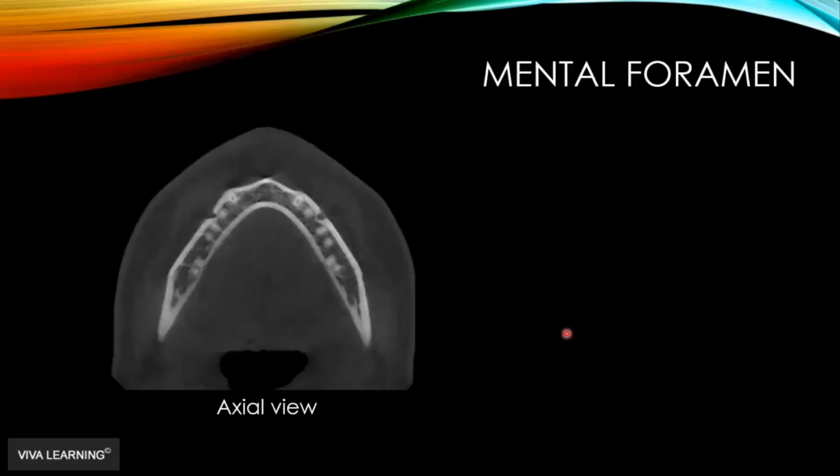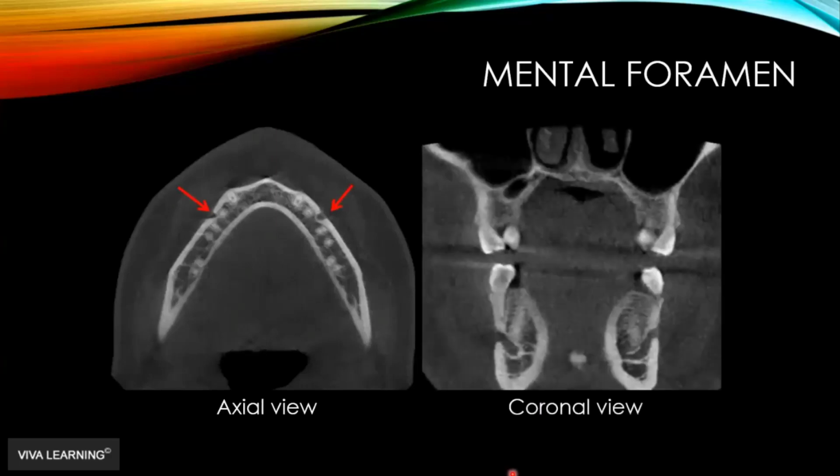When we look at the mental foramen, it looks like these notches in the axial view, as I said, right about the apices of the premolar teeth. If we look at them in the coronal view, you'll see that the canal drops down almost immediately from the mental foramen. Remember, that canal has got to go from the buccal aspect in the mental foramen area and cross over the bone into the medial aspect, because it's coming out at the mandibular foramen.